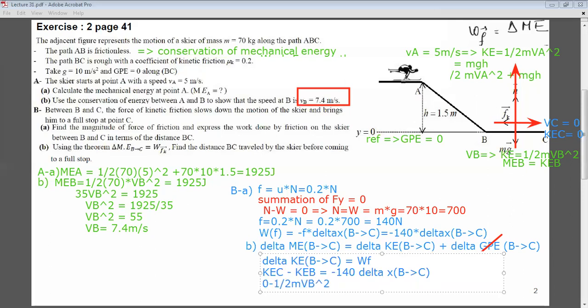So it is 0 minus half m vB squared. This is equal to work done by friction, which is minus 140 delta x between B and C.